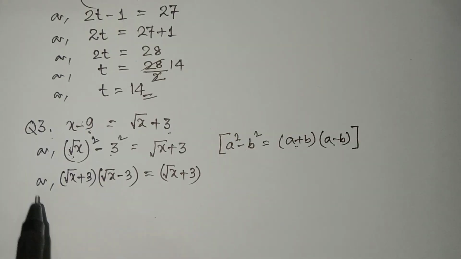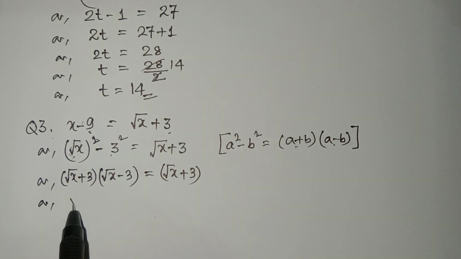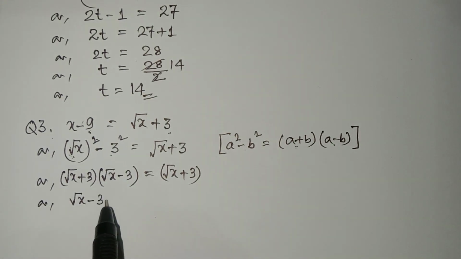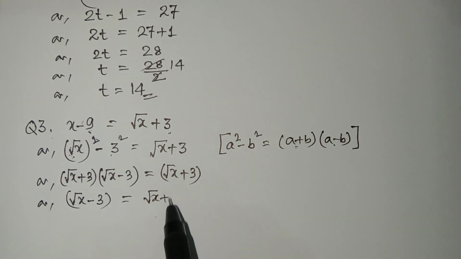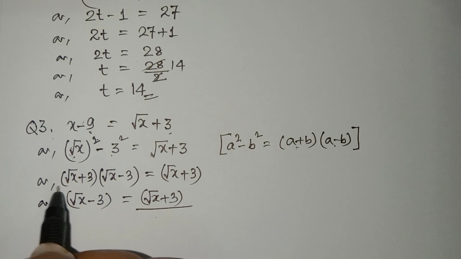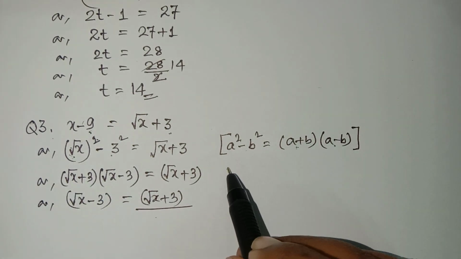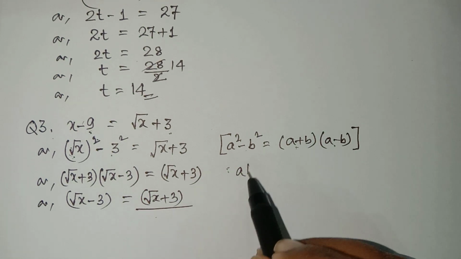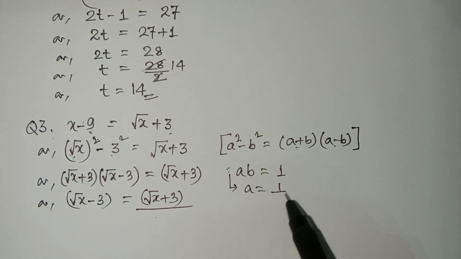Now, in the next line, what I can do is, if I write this thing only, root x minus 3 is equal to, then I get root under x plus 3 divided by this term, right? Since if I'm saying that ab is equal to 1, then I say a is equal to 1 by b.